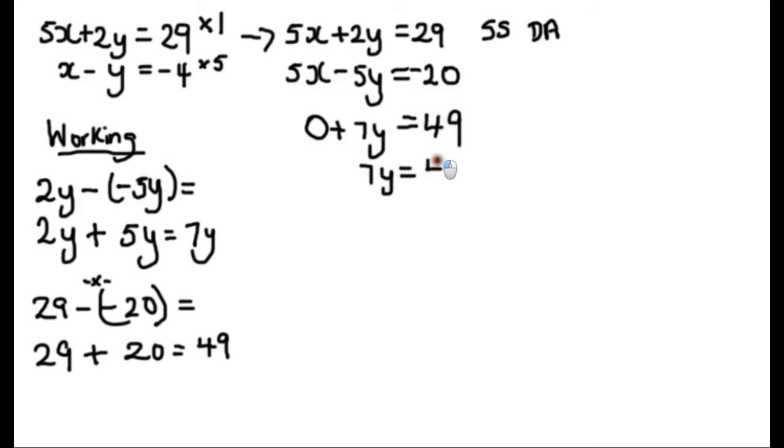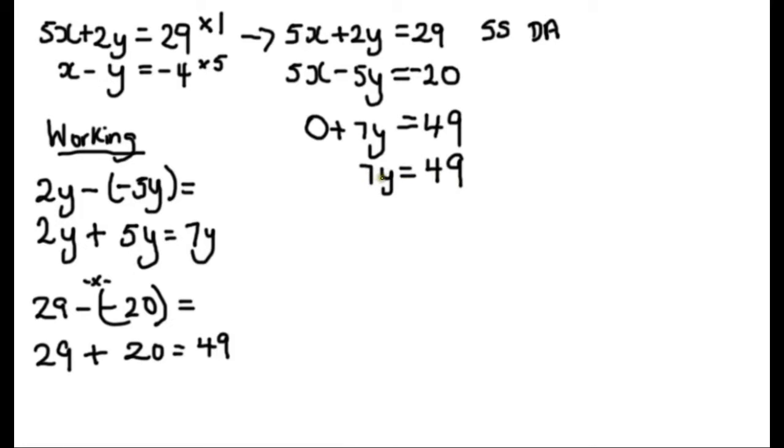7y equals 49. Now remember, from up here, we learned that 5 times x is 5x. So it is the same thing here. 7y means 7 times y. So we want just the y on the left-hand side by itself, and we want to put the 7 over here with the 49. Now you have to observe some rules.